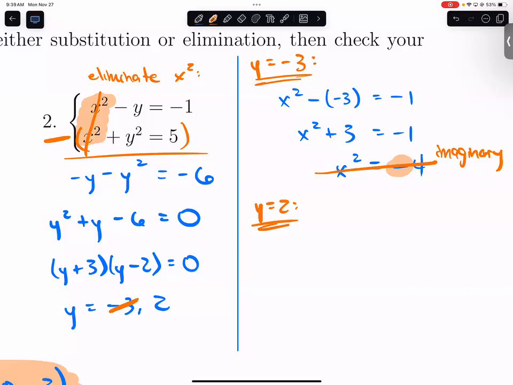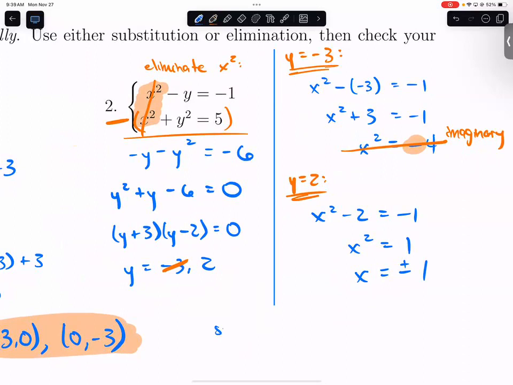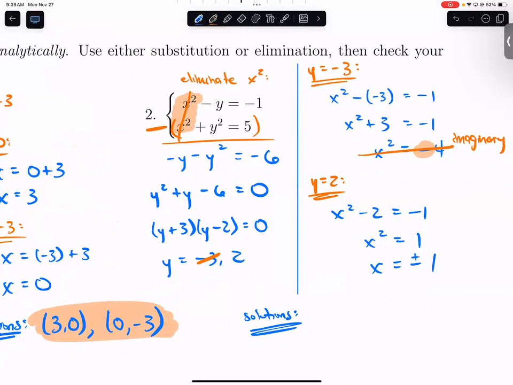If y is 2, then x squared minus 2 is negative 1. So x squared is 1. So x is plus or minus 1. So what are our solutions then here?